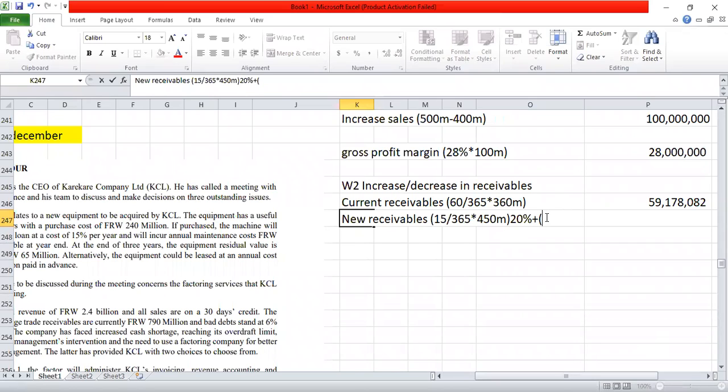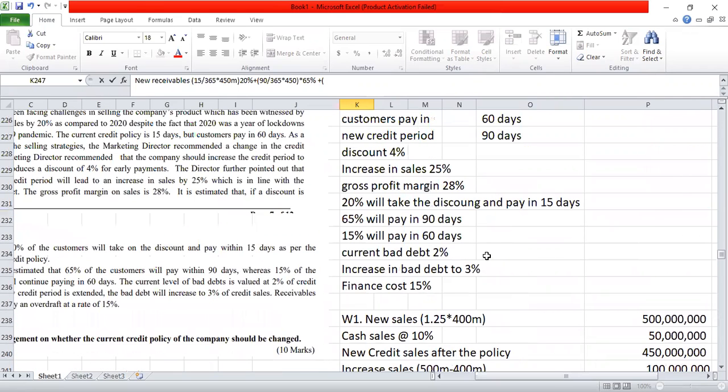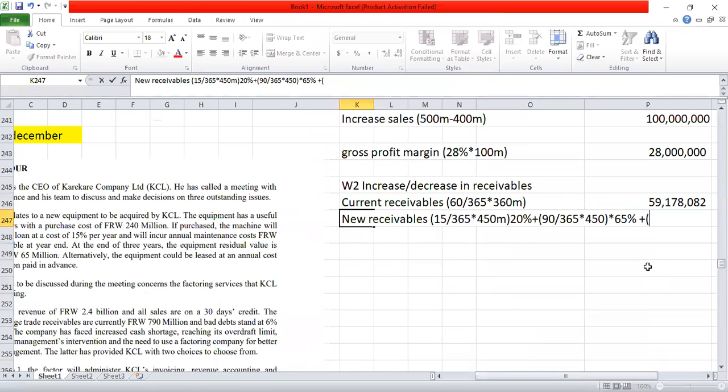This is 90 over 365 times 450 times 65%, plus the remainder will continue paying in 60 days.